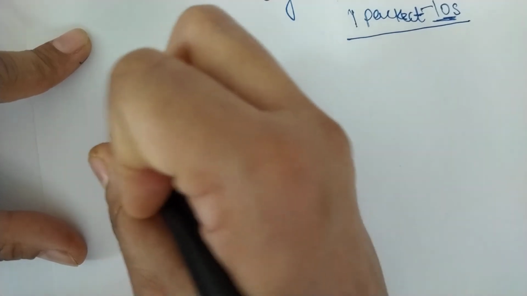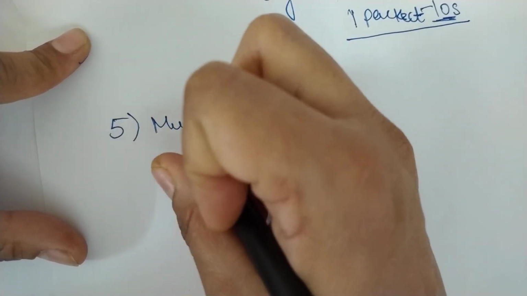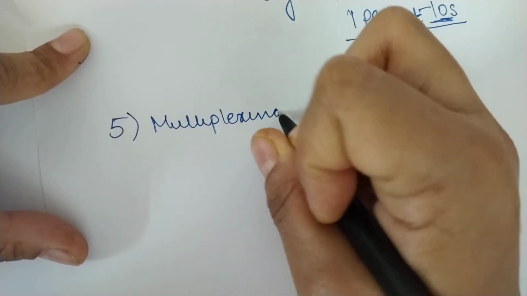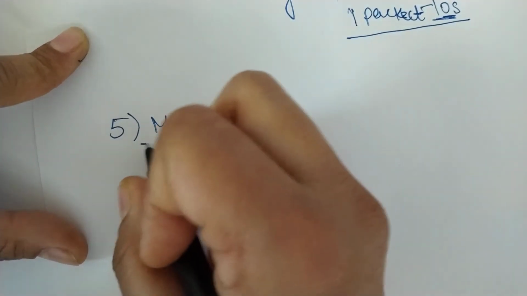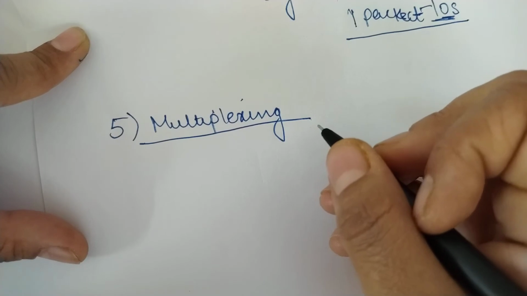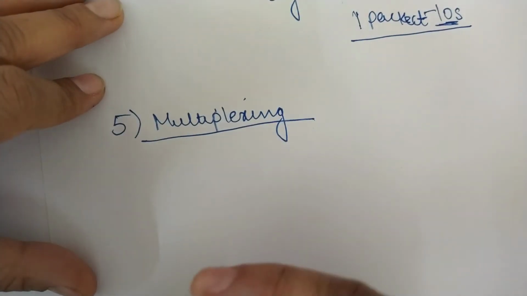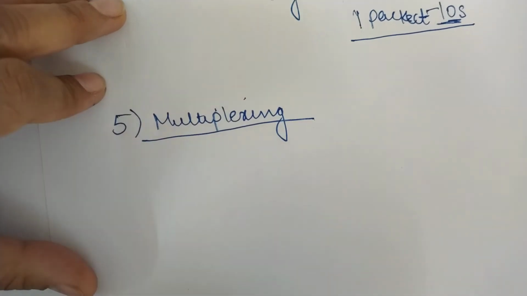Now next is multiplexing. Next design issue is multiplexing. Now multiplexing is basically used when it is inconvenient or expensive to set up a separate connection for each pair of communicating processes.